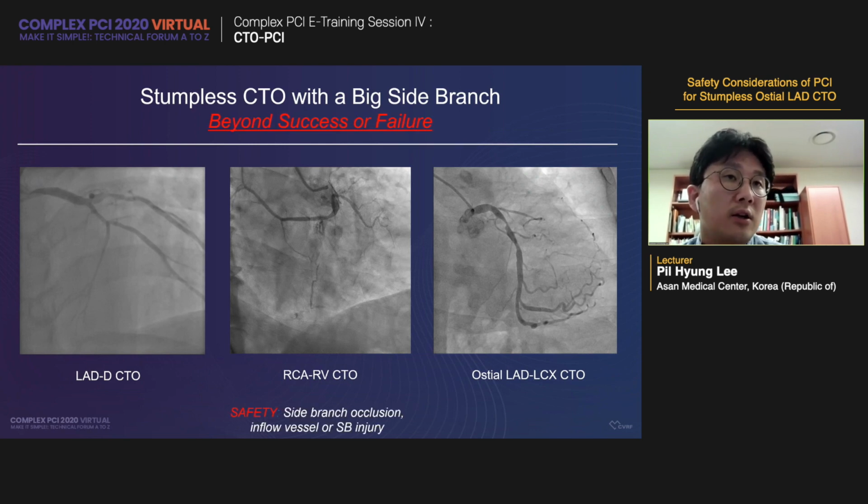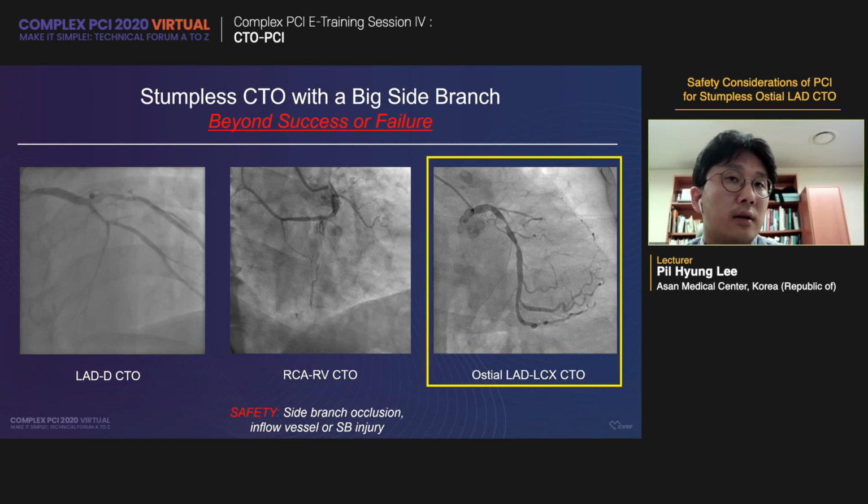But because of the inherent technical features of CTO-PCI, the probability of side branch injury or occlusion and inflow vessel injury should be an important consideration in these subsets of CTOs. The most important lesion subset will be the Ostial CTO, of which the side branch would be the circ, and the inflow vessel would be the left main.